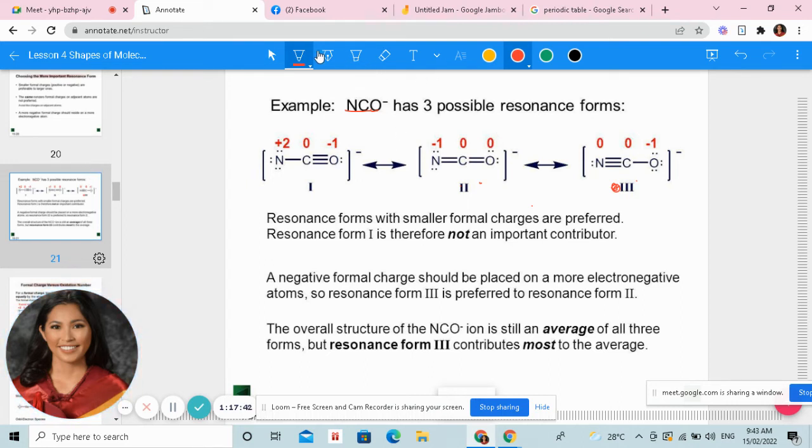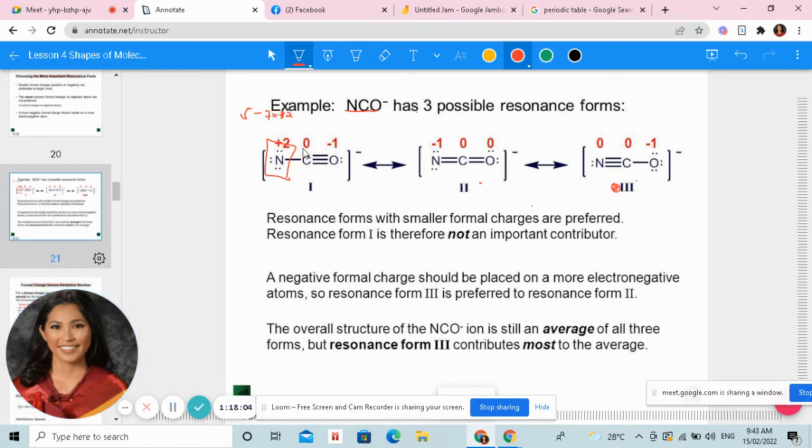Now, if we have N here, what is the formal charge of the nitrogen? We have 5 minus 1, 2, 3, 4, 5, 6, 7. That is equal to positive 2.